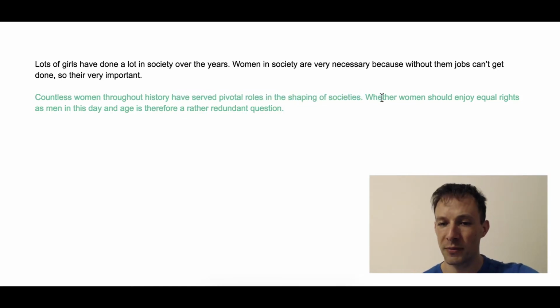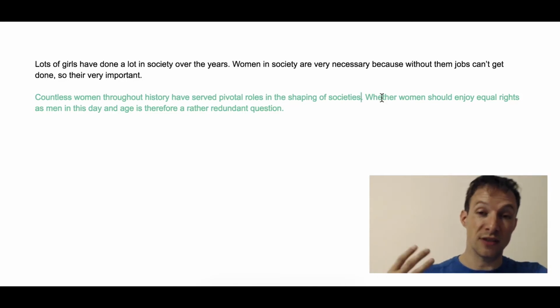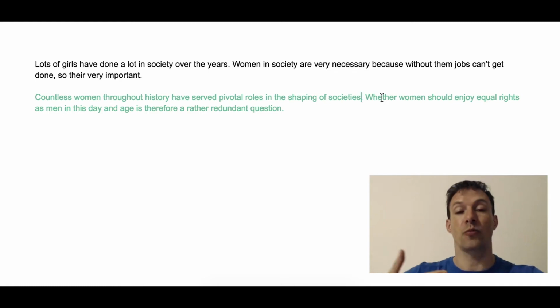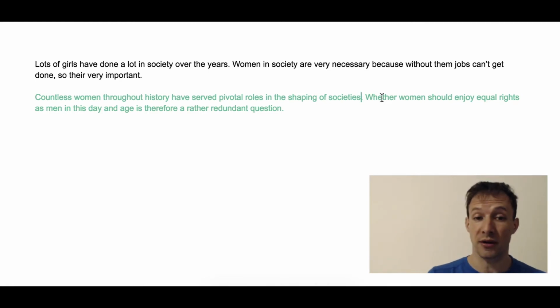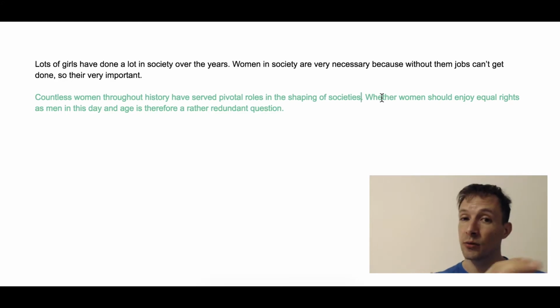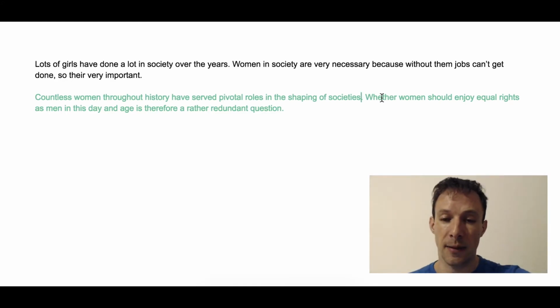Next sentence: "Whether women should enjoy equal rights as men in this day and age is therefore a rather redundant question." So immediately you can see my position and my claim, which I further develop later on in the paragraph, in both paragraphs actually, but with different language in each paragraph.